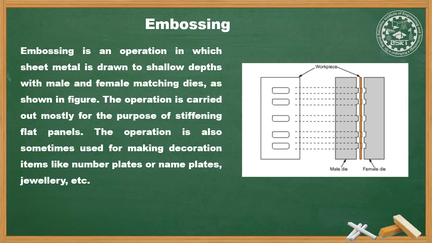It is also sometimes used for making decorative items such as number plates or name plates, jewelry, etc. Embossing is used in making raised figures on sheets with corresponding relief on the other side. The process initially involves drawing and bending of the sheet metal.